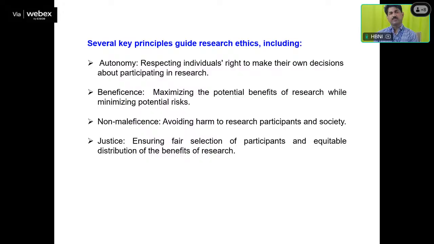Benefits should be more, and the risks or difficulties have to be lesser during this type of research. So we have to follow moral rules in that case, like not killing, not causing pain, suffering, or offense to various individuals. This type of thing comes under non-maleficence.